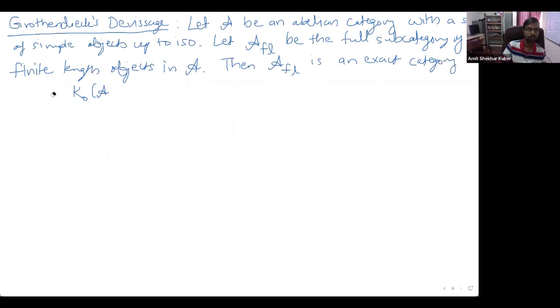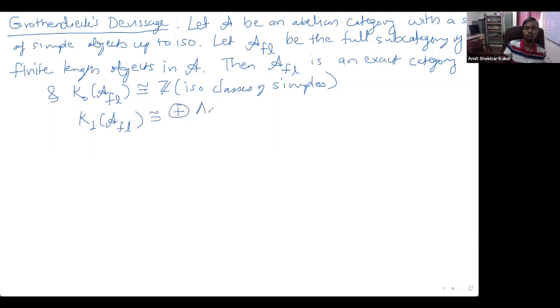And K0 of A_FL is simply the free abelian group on isoclasses of simples, and K1 of A_FL is the direct sum of the automorphisms of simples, the abelianization of the automorphism groups of simples. So if you are studying K theory for the first time, then perhaps this is the first category that you should compute.